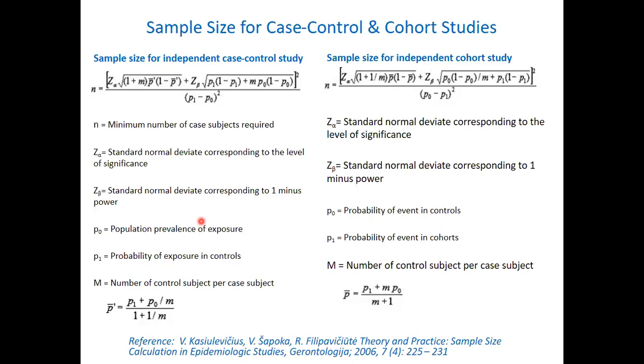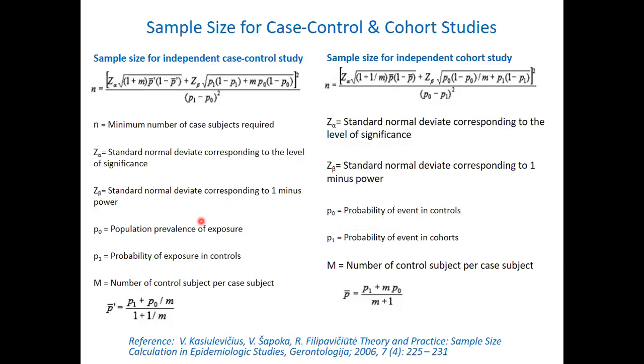Then, population prevalence of exposure, that is P0, probability of exposure in control. If you remember, in case control study, you start with the cases. It's usually good for rare diseases, where it may take time.